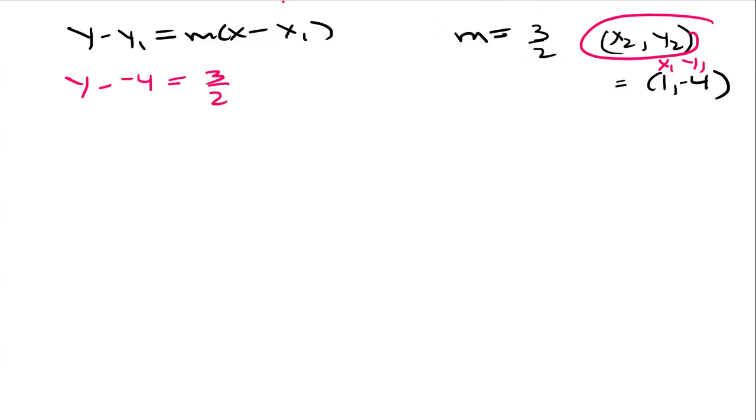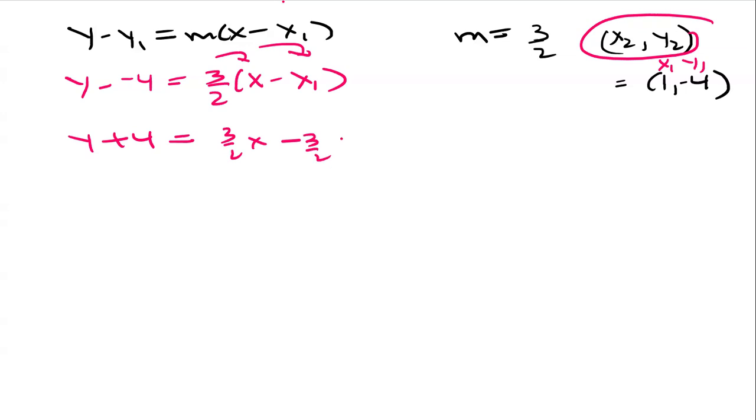And that'll be 3 halves times x minus x1. So two negatives give us a positive, so that's going to be y plus 4. And then we're going to distribute that 3 halves. So that would be 3 halves x minus 3 halves. Hold on a second.